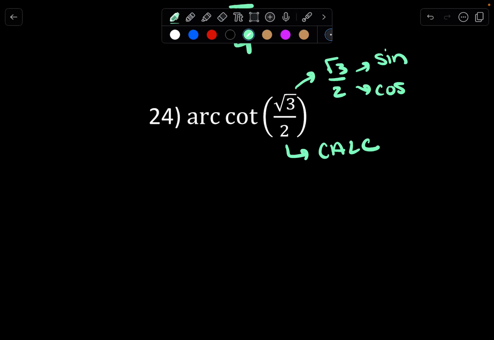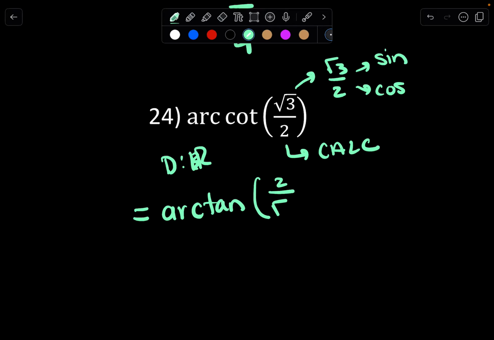All right, so for arc cotangent, the domain is all reals. So whatever you type in the calculator, you're going to get an output or an angle. All right, but there's no cotangent key, so we are going to have to use the reciprocal. So we have arctangent, and we have to reciprocate the input as well, 2/√3.